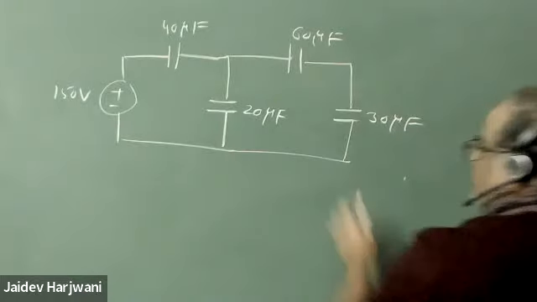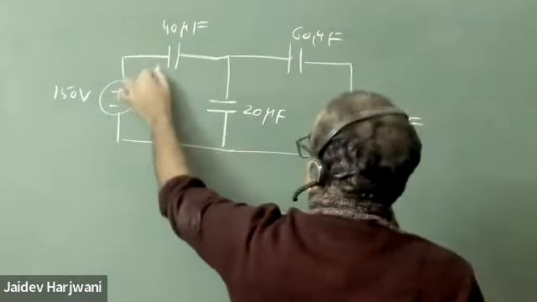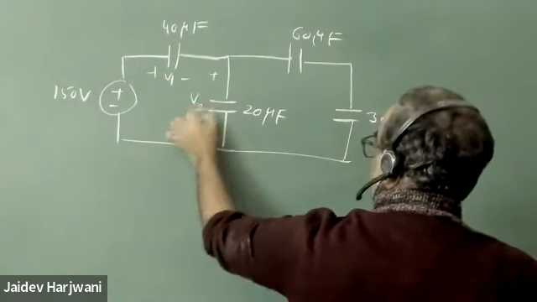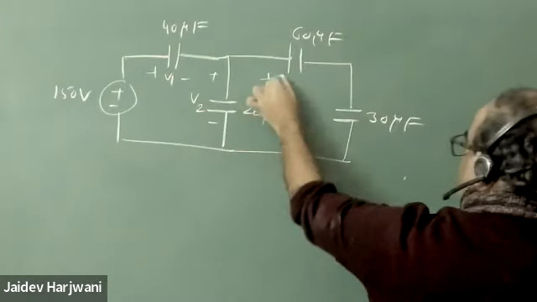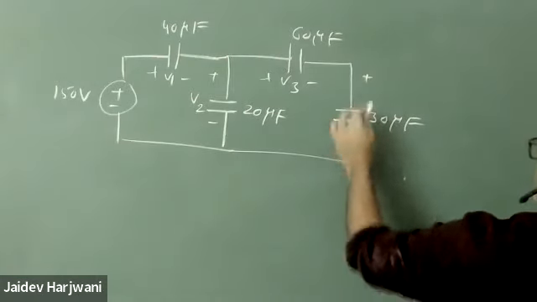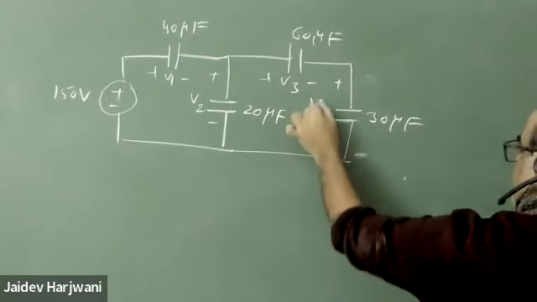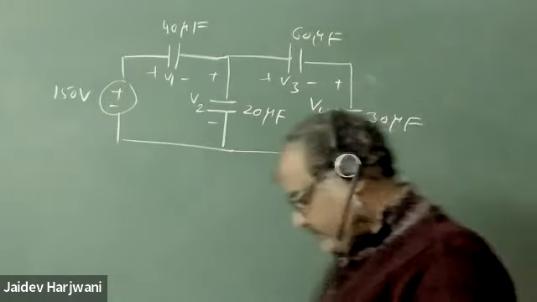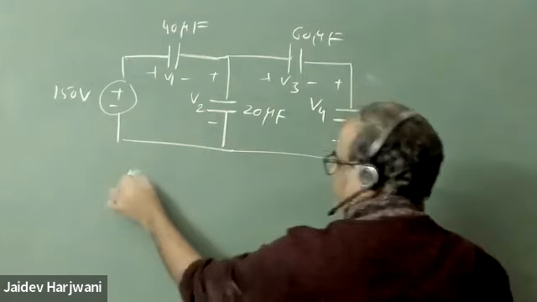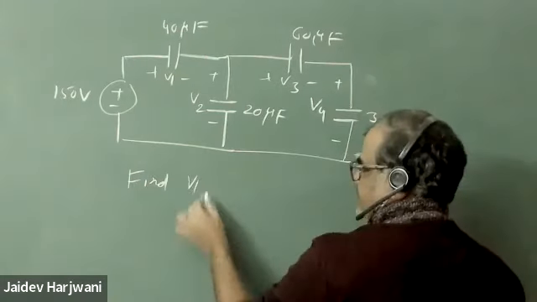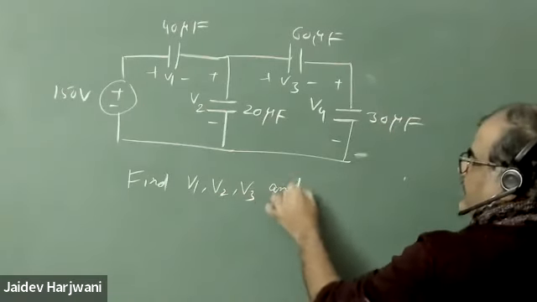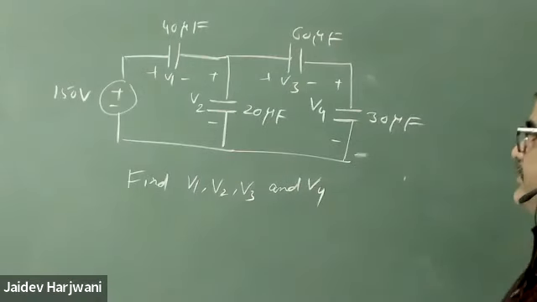So you can find V1, V2, V3 and V4. Say this is V1, this is V2, this is V3, and this is your V4. You need to find V1, V2, V3 and V4 in this problem.